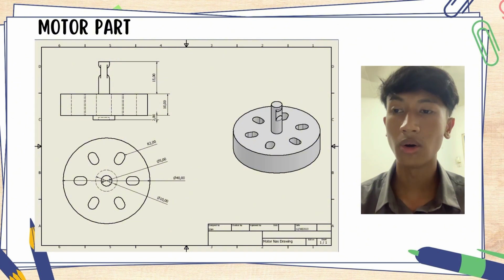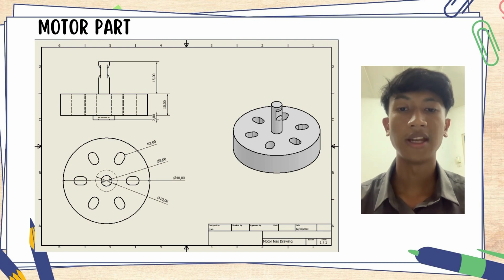We use 6 holes on this motor. The size is 2 mm radius.